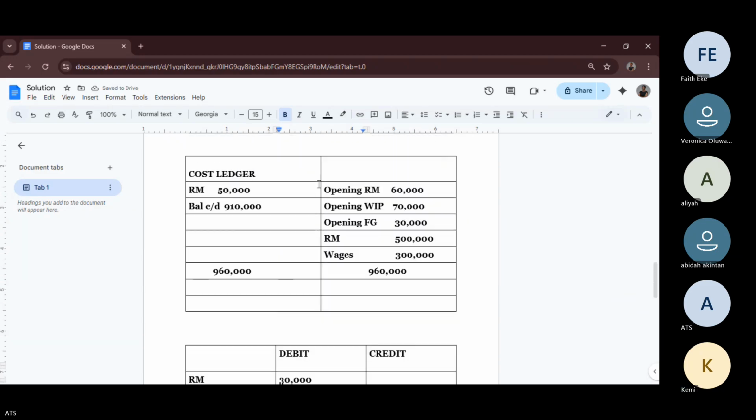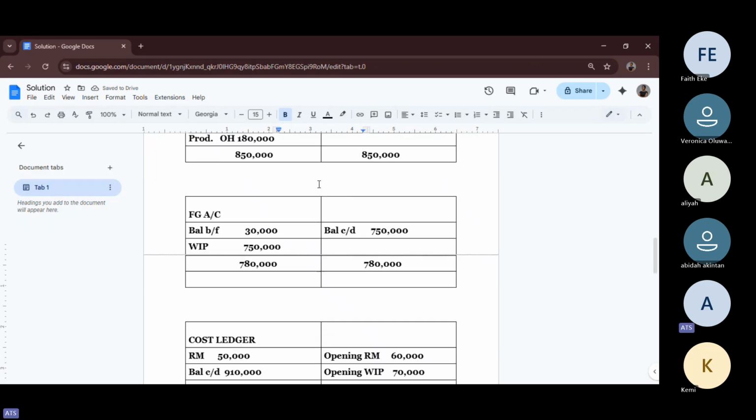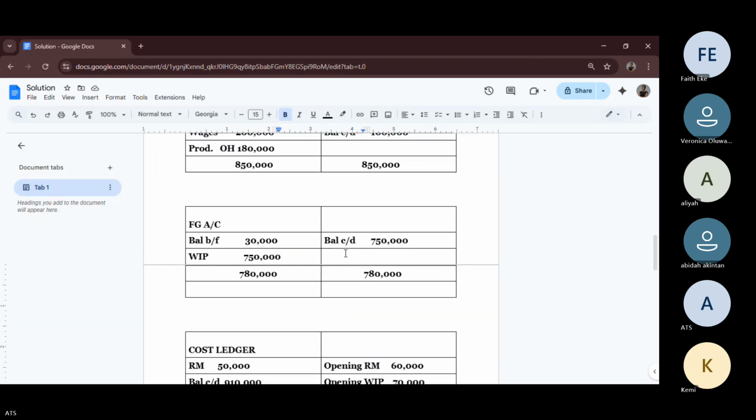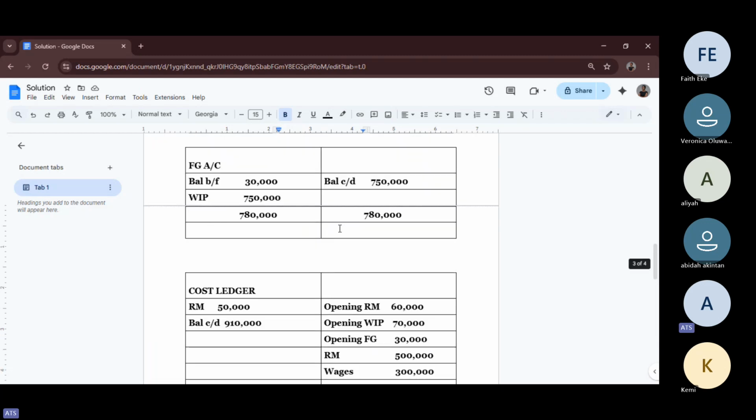Then what about finished goods? Finished goods 750,000.